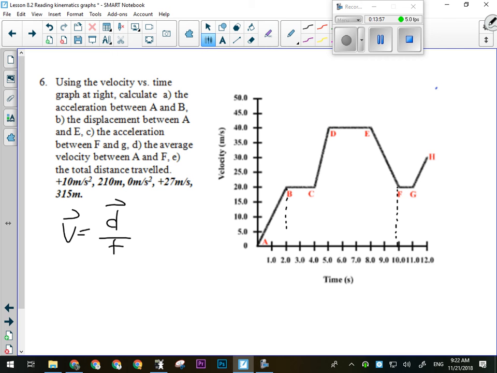So I've got that triangle, I've got that rectangle, this triangle, this triangle, and then this rectangle and this rectangle that I've got to find. Okay, if I find all those areas, that'll be the displacement between A and F. And then if I divide that by 10 seconds, which is the time between A and F, I'll have the average velocity. Okay, that sort of makes sense? Are you guys just not getting the same answer I have?